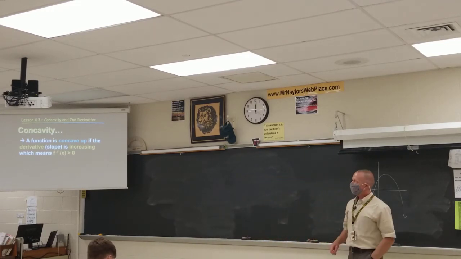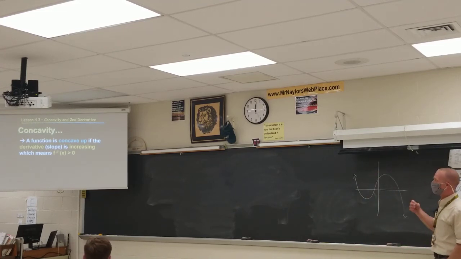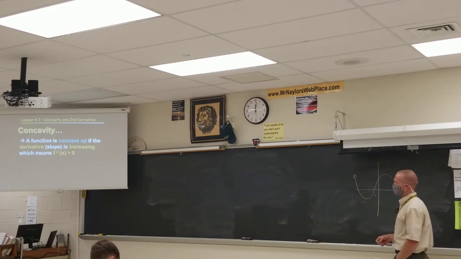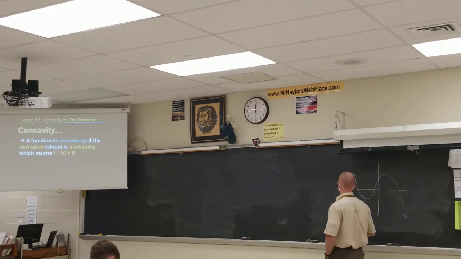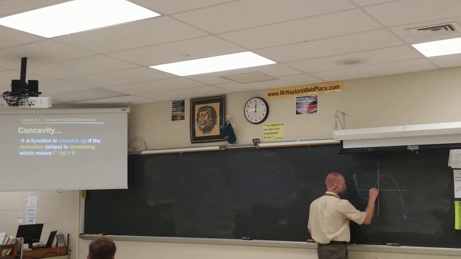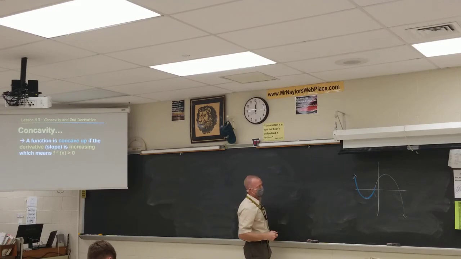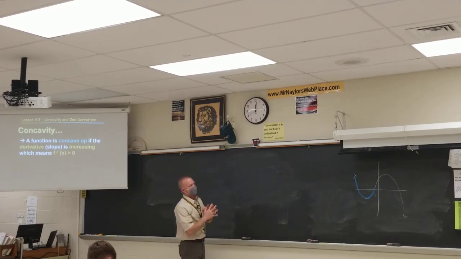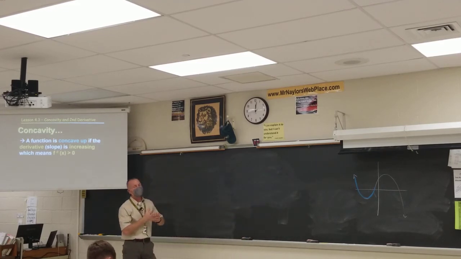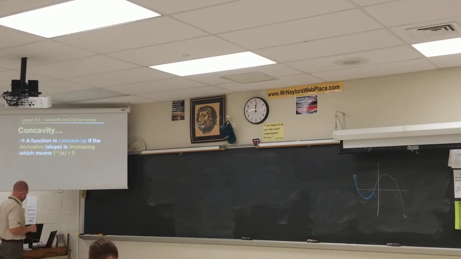A function is concave up if the slope, if the derivative, is increasing. A function is concave up if the slope is increasing, which means the second derivative, f double prime, is greater than 0.